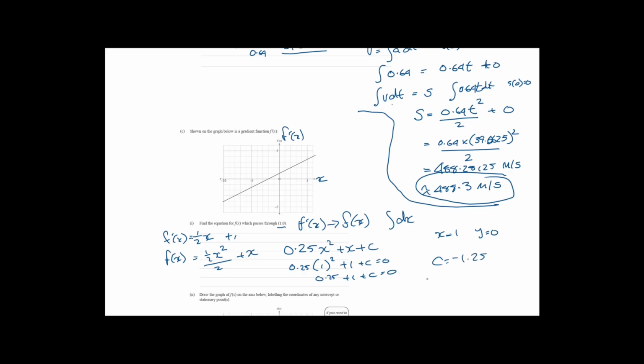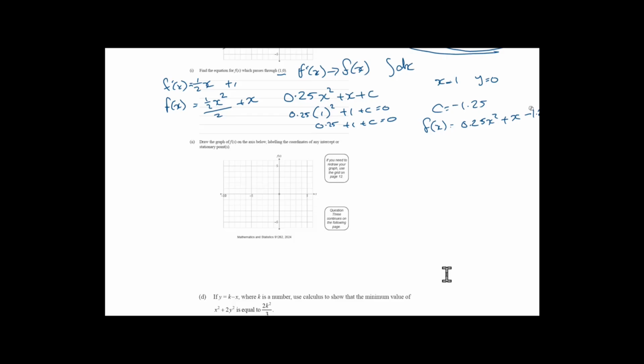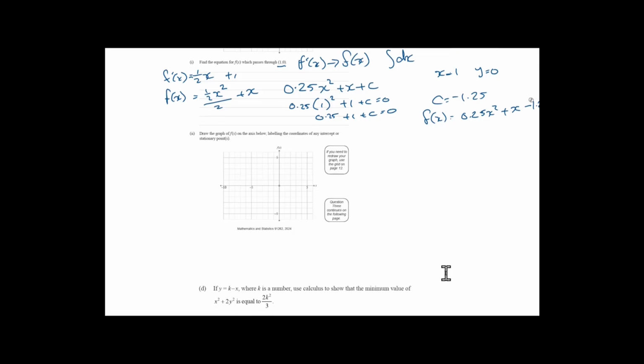So our original equation f of x is going to be 0.25 x squared plus x minus 1.25. If that's wrong, let me know. I think that's right. I'm not sure. Okay, let's just move on.